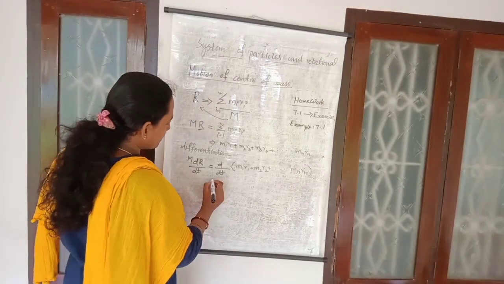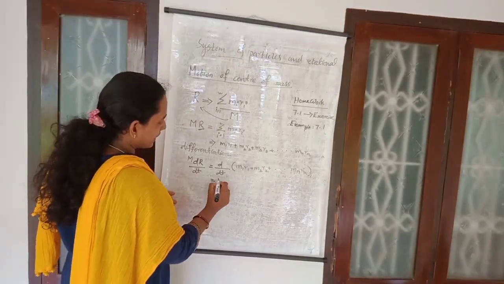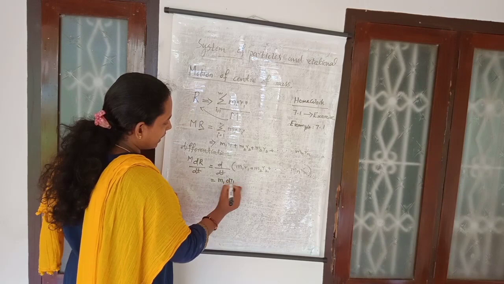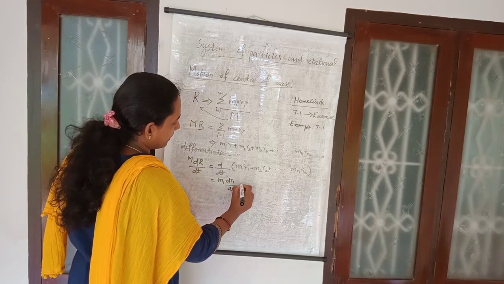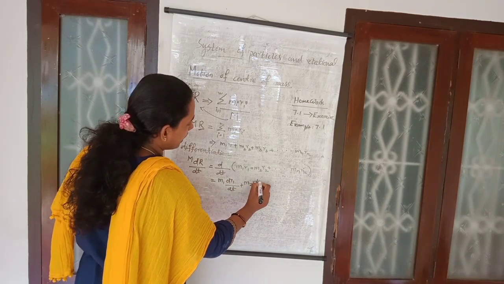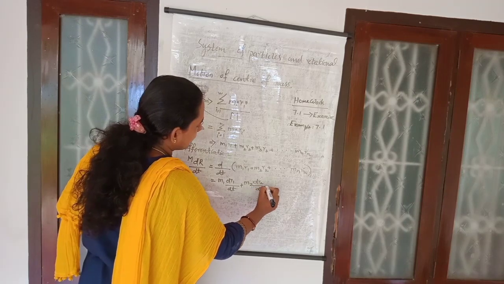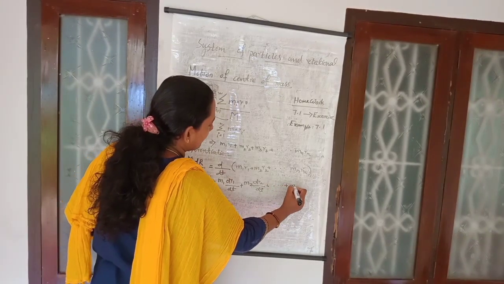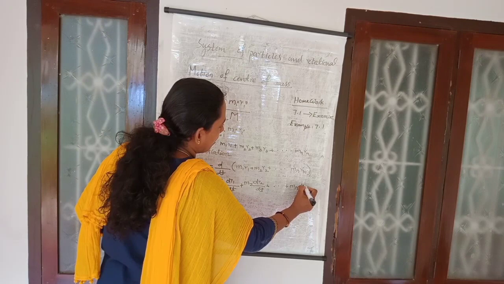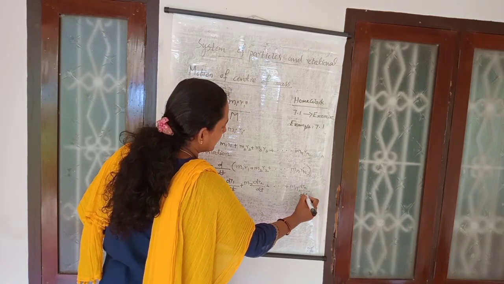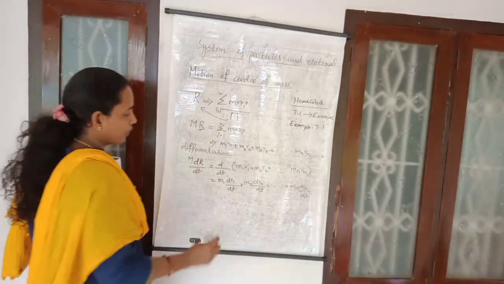The mass is not varying, therefore it becomes m1 dr1 by dt plus m2 dr2 by dt plus and so on up to mn drn by dt.